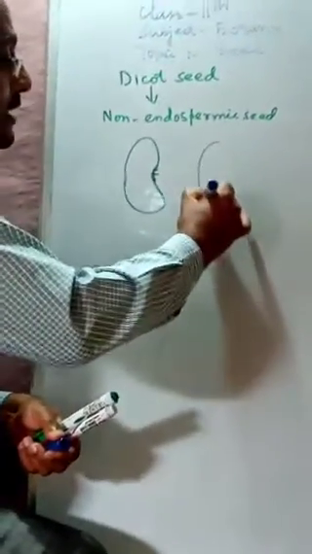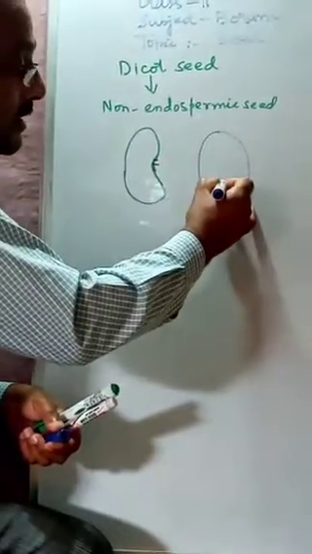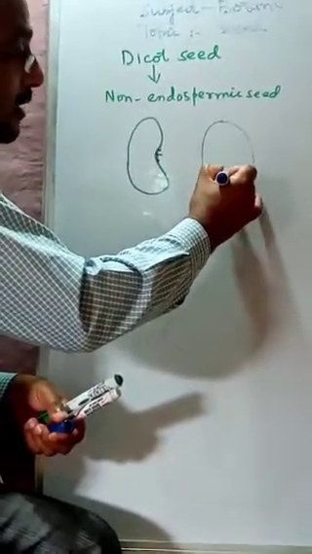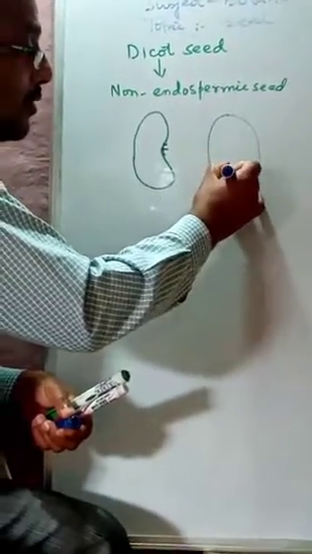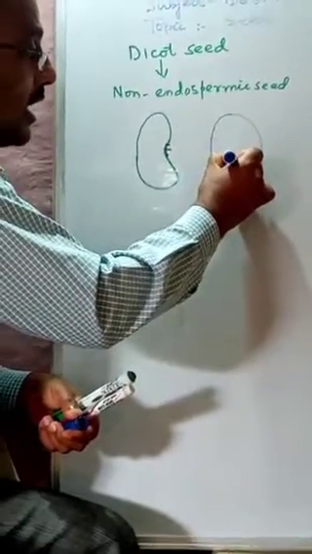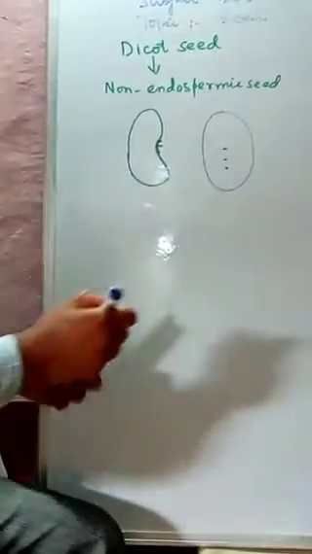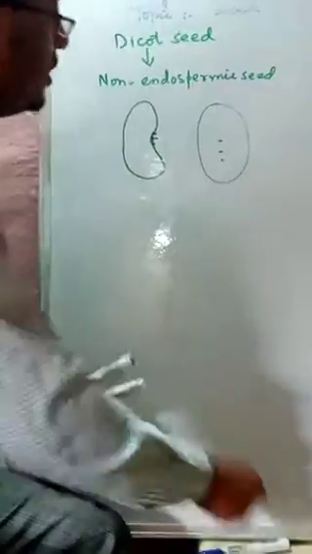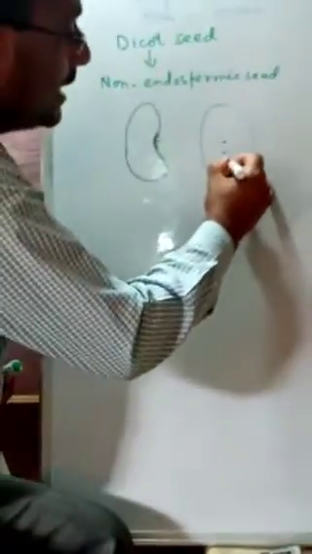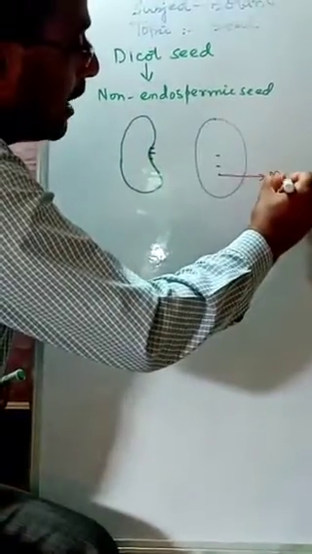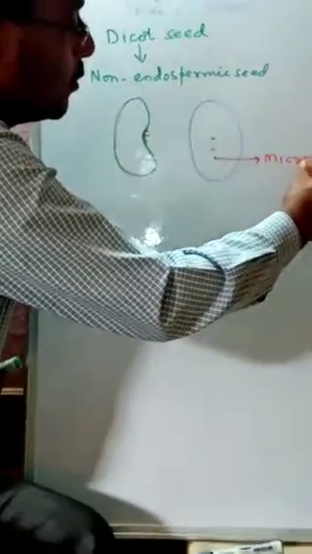When we draw the structure like this, this is the pore, then this is the scar, and then this is the another scar. This pore is called as micropylar pore.